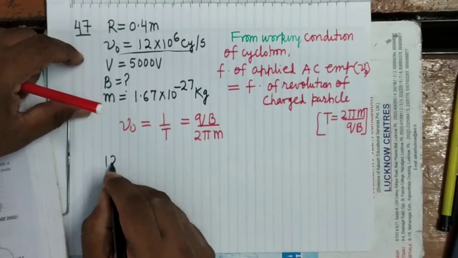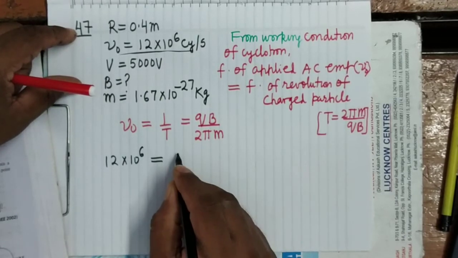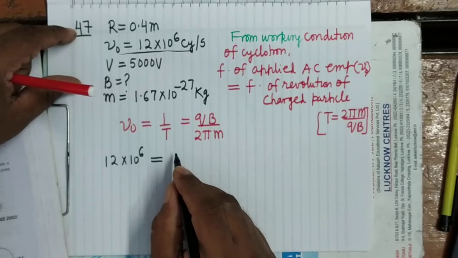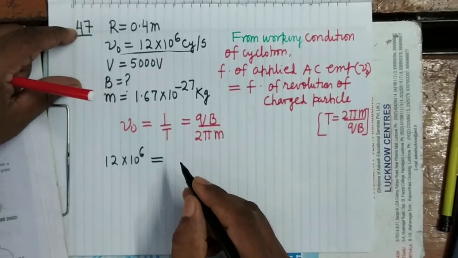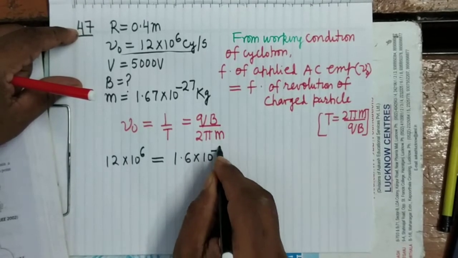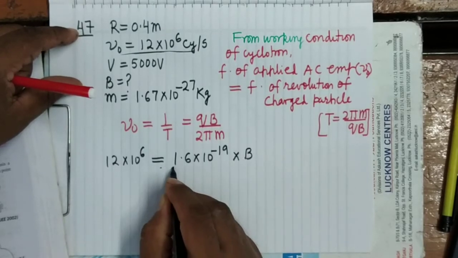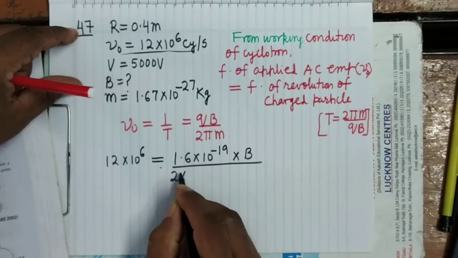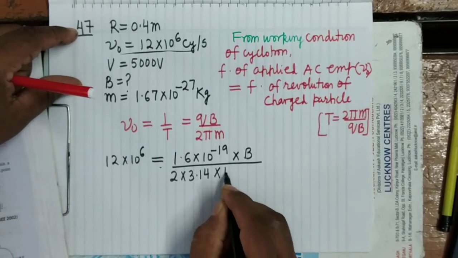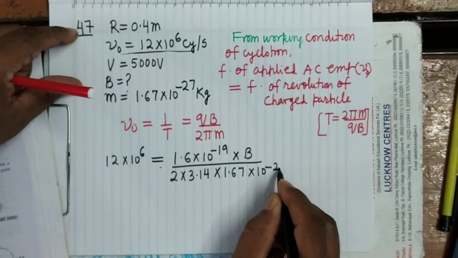Here it is 12 into 10 to the power 6 equals Q. What is the charge on the proton? Charge on the proton equals 1.6 into 10 to the power minus 19. B you have to find, and 2 pi m, 2 into 3.14, and mass is given 1.67 into 10 to the power minus 27.